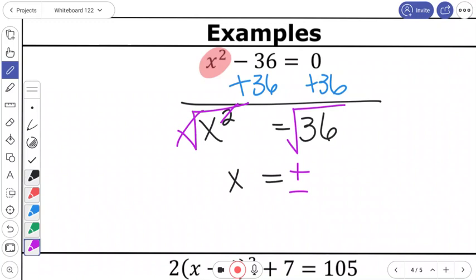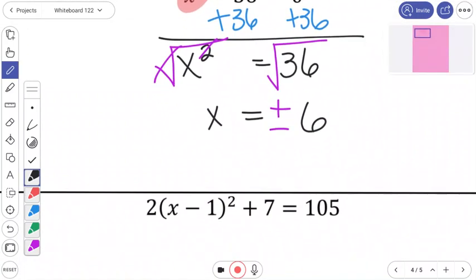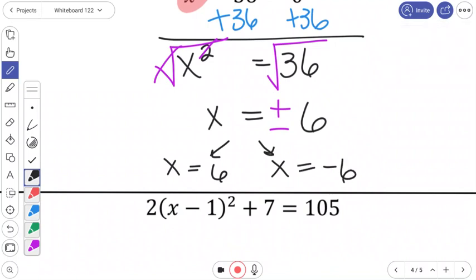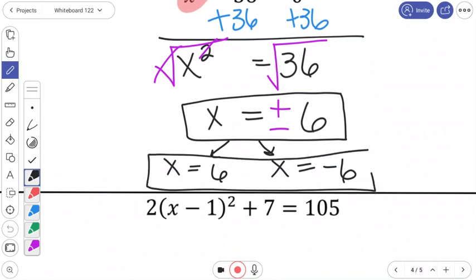And the square root of 36, what value times itself makes 36? That's 6. So this right here is actually 2 answers. This is like saying x equals positive 6 and x equals negative 6. Those are 2 answers. We don't mind if you leave your solution like this, combined as one value. It looks like only one equation, or you can split them up like this. But both of those, you need to recognize those are 2 solutions.